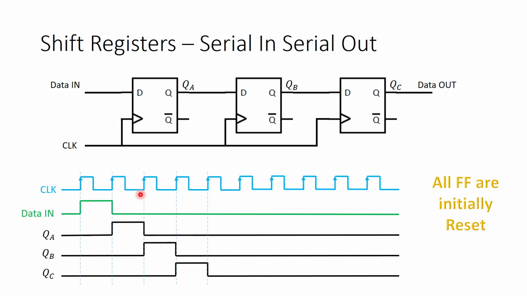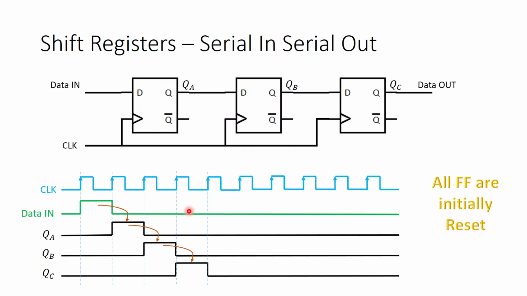So 3 clock cycles it takes to appear at the output. And this number of clock cycles is exactly the same as the number of flip-flops between the input and the output. The number of flip-flops in the shift register decides the delay in the serial output when we are giving a serial input.